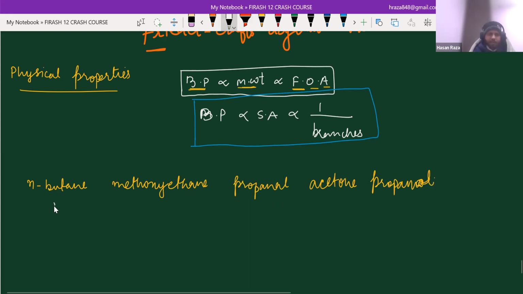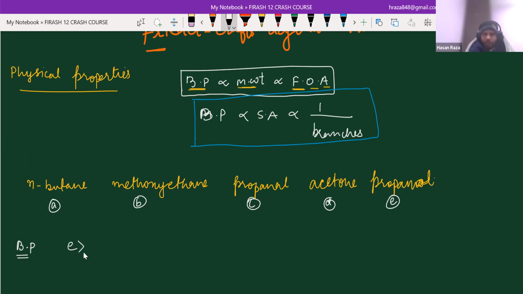Can you arrange this in increasing or decreasing order of boiling point? The alcohol will have the highest boiling point because here strong hydrogen bonding will form.